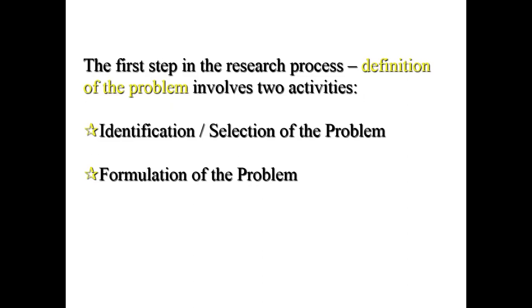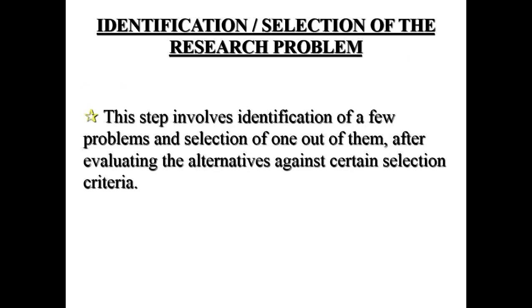And the second thing is how you formulate the problem. This step involves identification of a few problems and selection of one out of them after evaluating the alternatives against certain selection criteria. So how to identify a problem? And how will you come out with various alternatives?